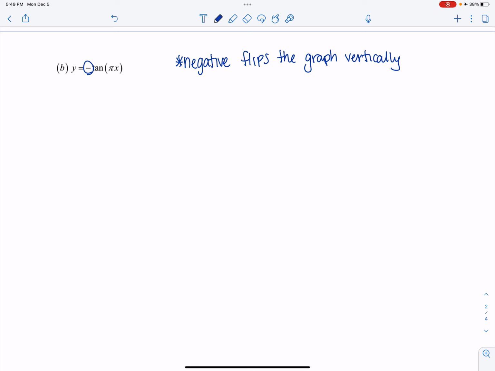And then we have our period of pi over omega. So pi over pi, which is 1.